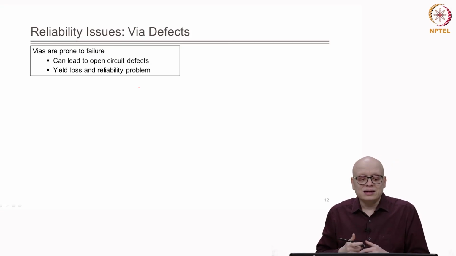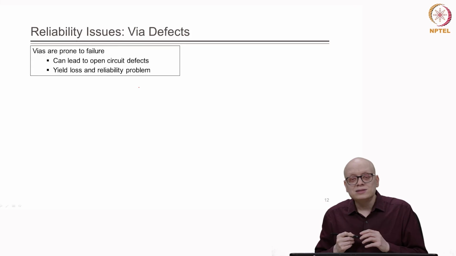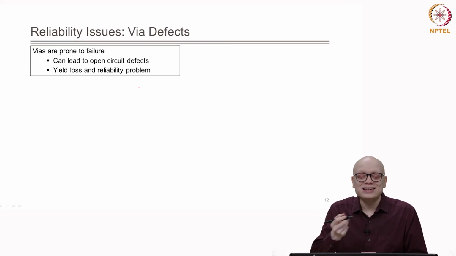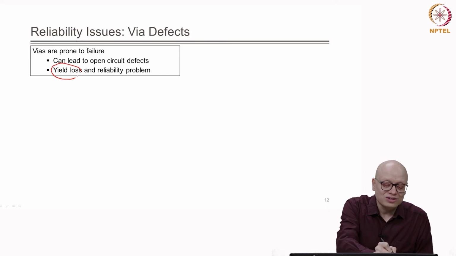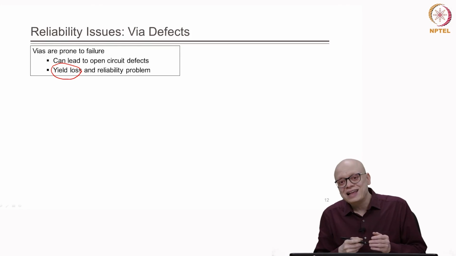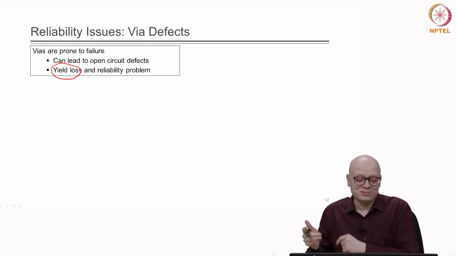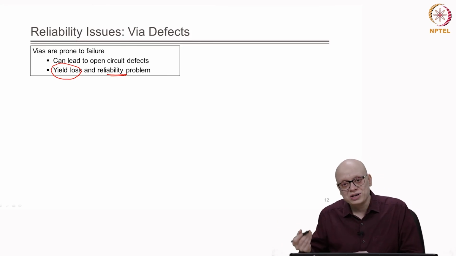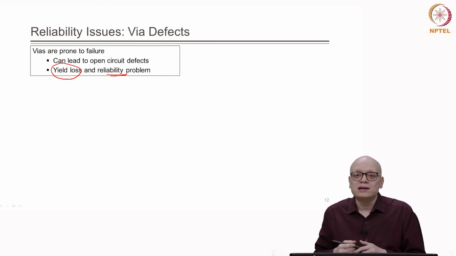So, there can be open circuit defects in the vias, and if we are lucky, then those problems will be caught during testing, and then we will be having yield loss. If we are not that lucky, that problem will be found by the customers, as a reliability problem. Maybe after a few operations of the circuit, a via defect comes and the circuit loses its functionality.